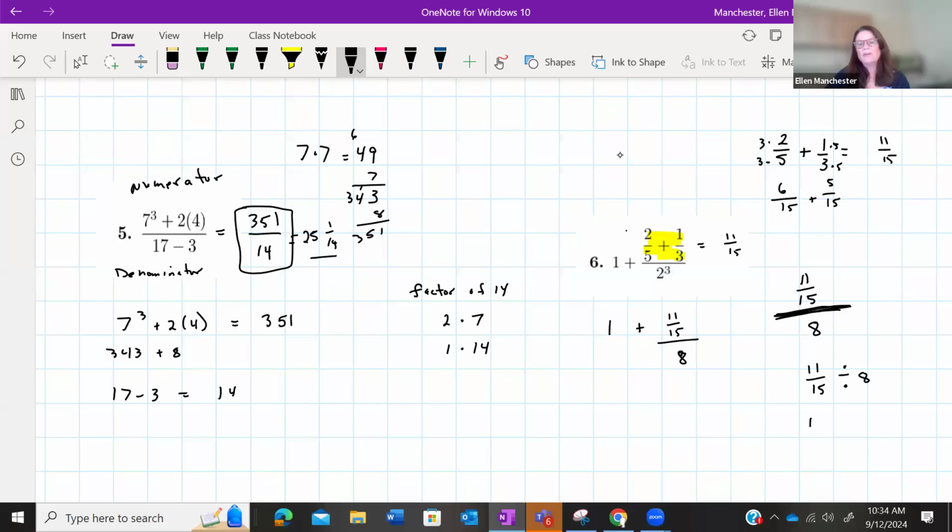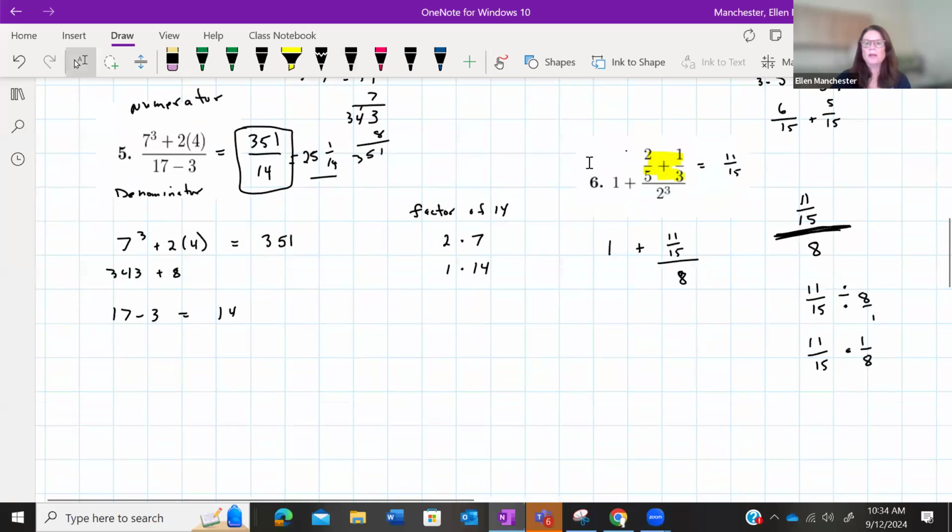So now how do you divide fractions? 11/15 times, you flip it and multiply. Flip and multiply. So it's going to be 11/120. So now we have 1 plus 11/120.